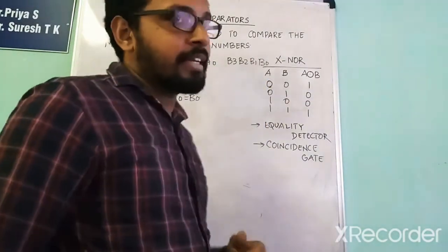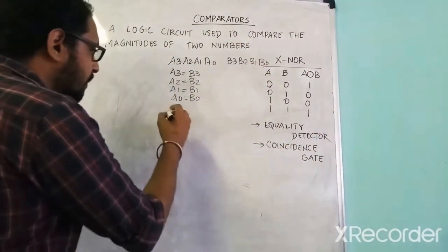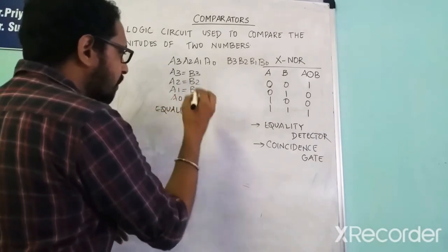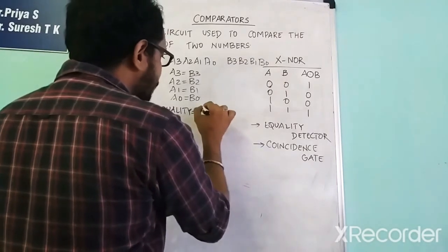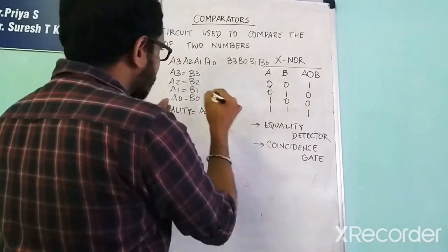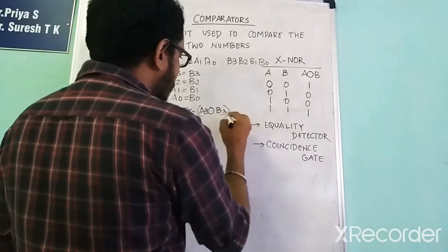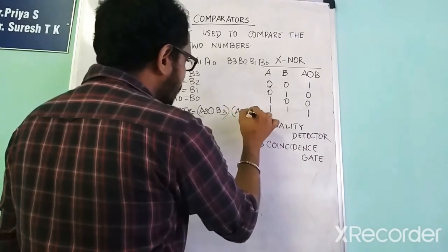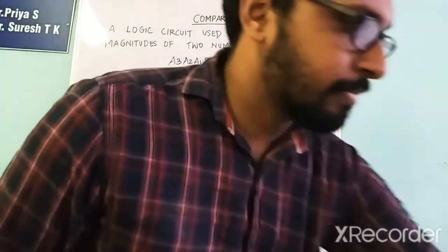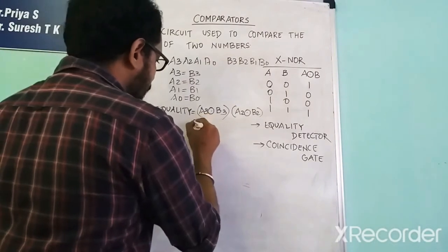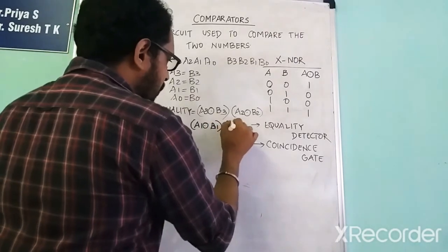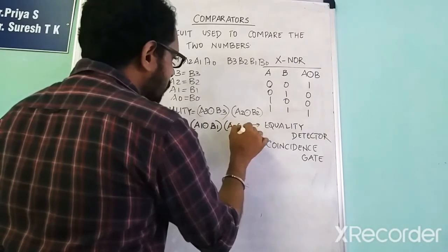When we use the equality detector, the XNOR gate, the equality is shown by A3 XNOR B3, and A2 XNOR B2, and A1 XNOR B1, and A0 XNOR B0.